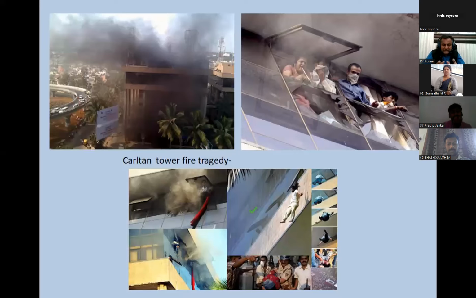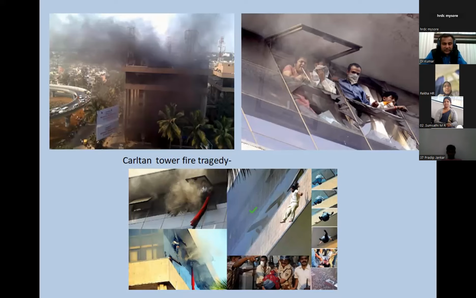This incident is an eye-opener, and it reminds us of the lessons to be learned about the do's and don'ts of a fire. Even now, if you search Google for the Carlton Tower fire tragedy, you can see YouTube videos of people jumping out from the 8th floor.